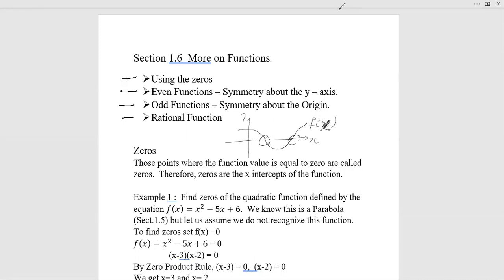So these are x-intercepts, the same thing we call zeros.